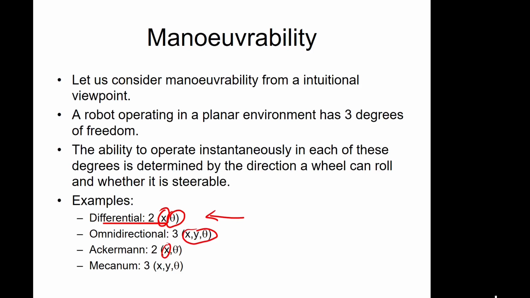So the turning of the Ackermann is actually linked with the X, the forwards and backwards motion. But again, 2 degrees of freedom. And then as you saw, the Mecanum can go forwards and backwards, sideways, and turn on the spot. So that has got 3. So when you come to design your robot, you want to think about how much maneuverability you want out of that robot and how you want to be able to access the environment.